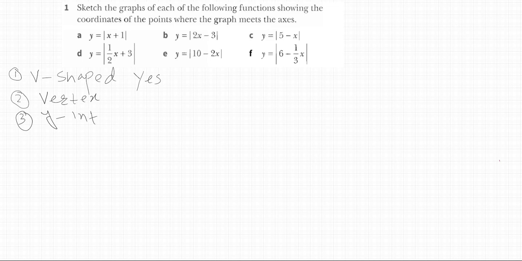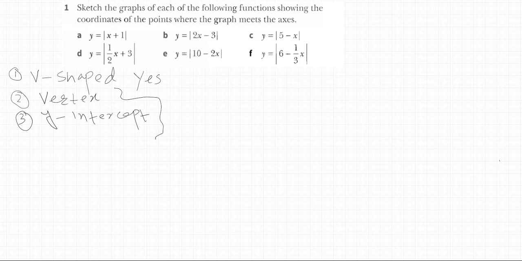We must know the y-intercept. So the graph of an absolute value function is V-shaped, and in order to draw it, we should have two things. One is the vertex and the other is the y-intercept.